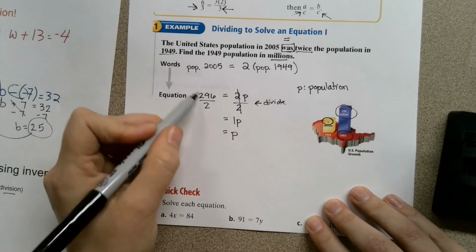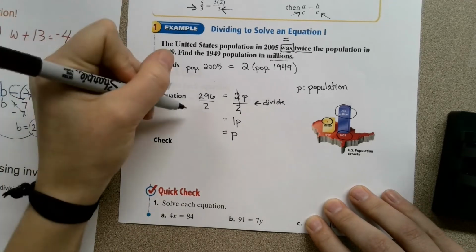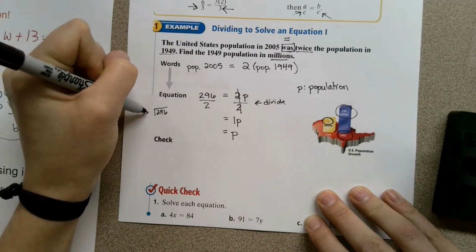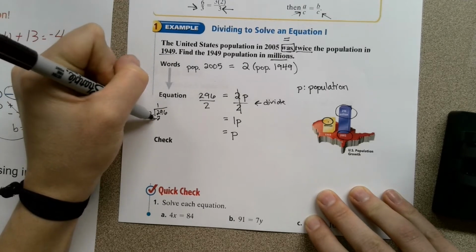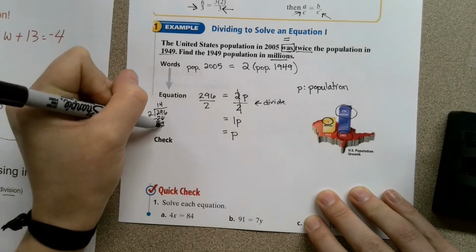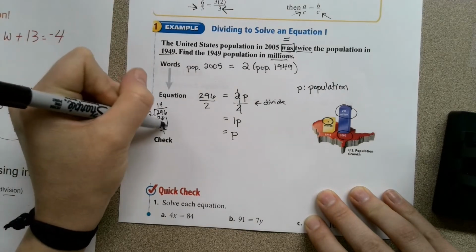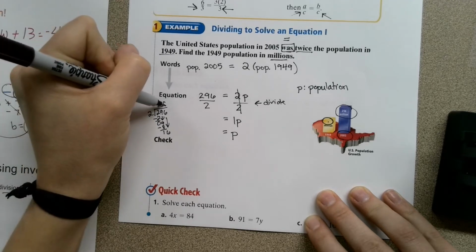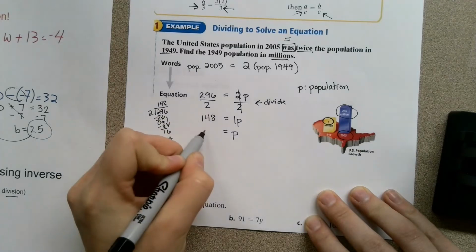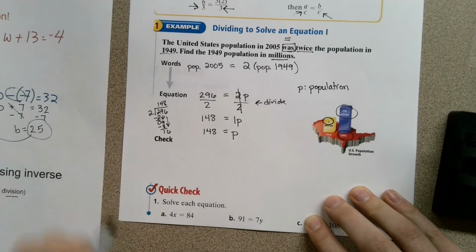And then we would divide each of these numbers. 296 divided by 2 goes in once. Bring down the 9, goes in 4 times, double check, and bring down the 6. So we know that we have 148 is equal to 1p, or just 148 is equal to p.